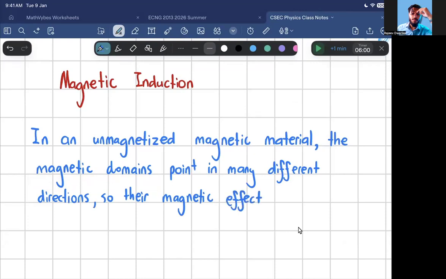Question, Jadon: if you have a bunch of magnetic domains pointing in different directions, what happens to the magnetic effect? Would it be strong or would it cancel off? Think about it. If you want to pull a car and a bunch of people pull in different directions, will that be useful?